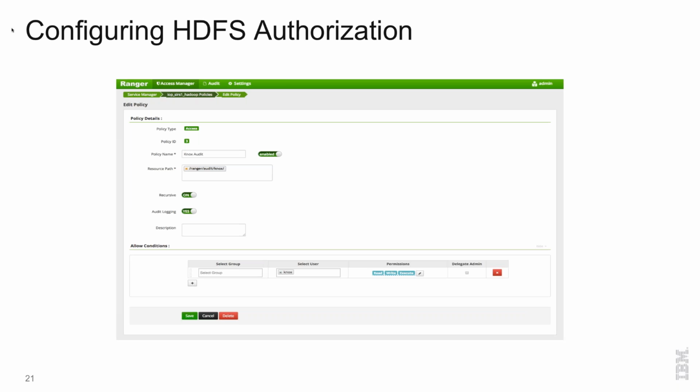For example, here is an example of an HDFS authorization policy. The resource path is, for example, the Ranger audit Knox directory on HDFS. You say which groups and which users can access the files under this HDFS path, and what kind of permissions they have.